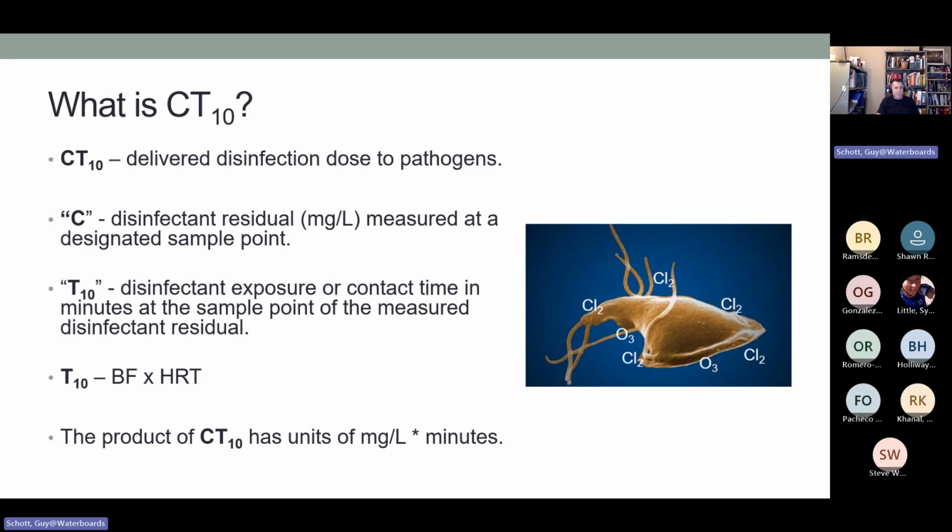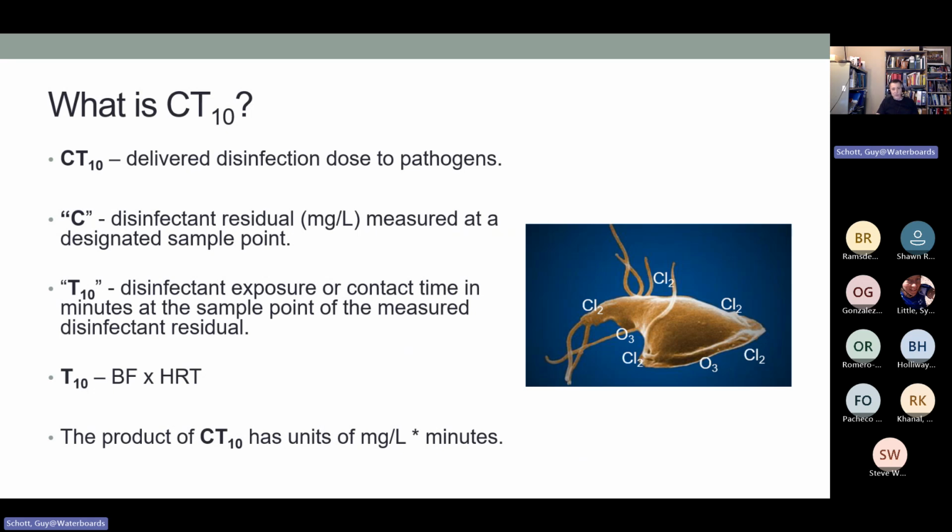The next concept is, what is CT? I call it the delivered disinfection dose to the pathogen. The C is the disinfection residual measured at the designated sampling point, which usually is after the clear well and before the first customer. The disinfection exposure time, or contact time, is at the sample point of the measured disinfection residual.